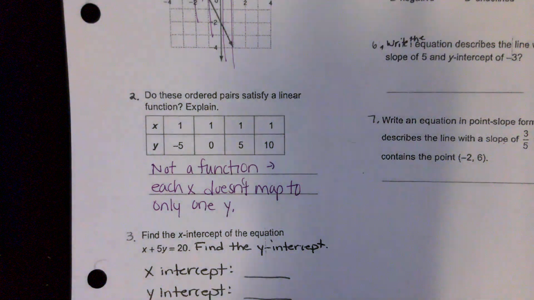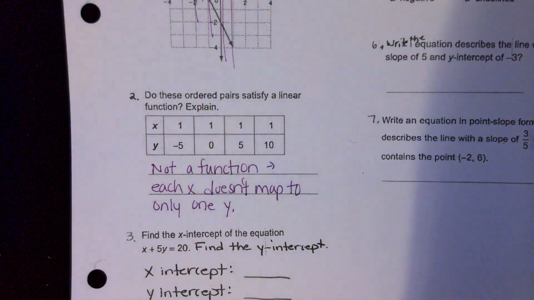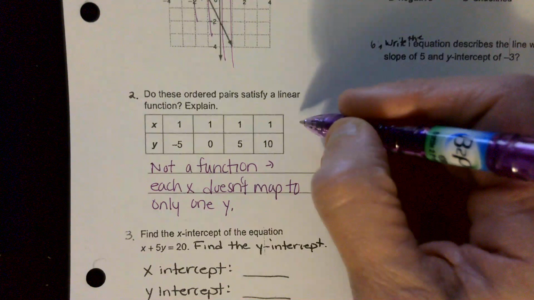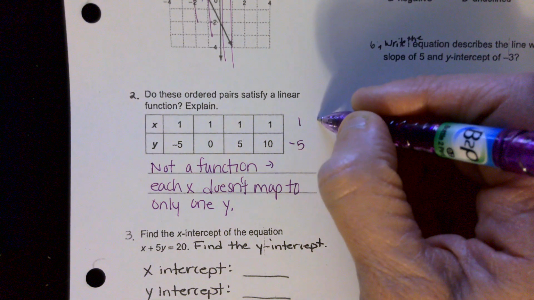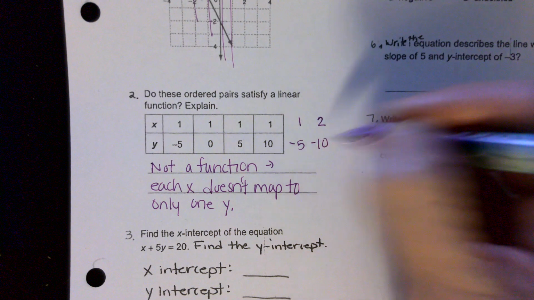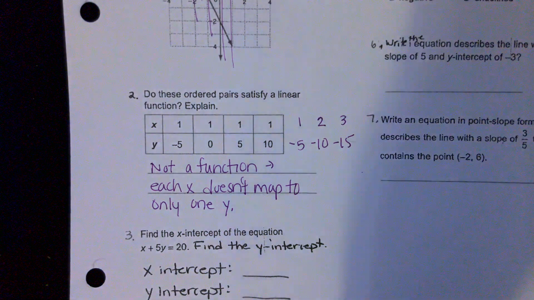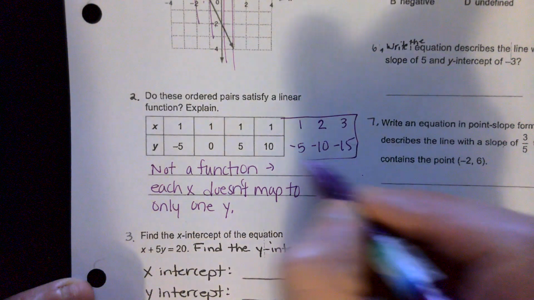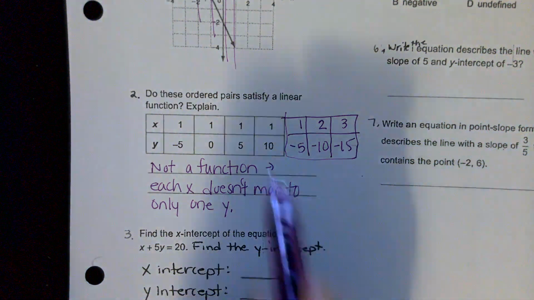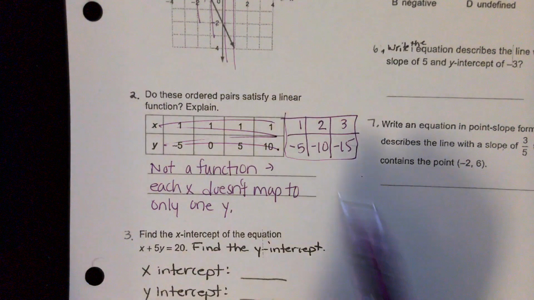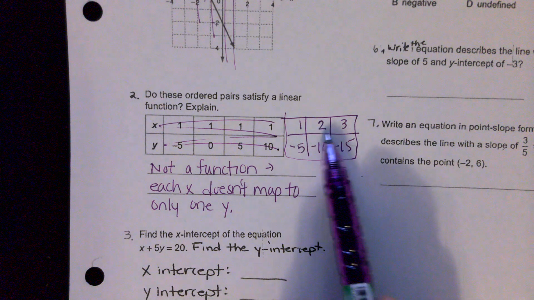Now let's say there were some different ones. Let's say it was, I'm just going to show you an example, (1, -5), (2, -10), and (3, -15). Let's say that was what we were doing instead. When you look at something like that, you're like, okay, it is a function.